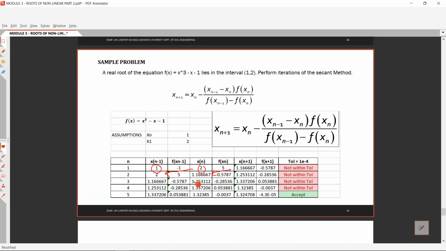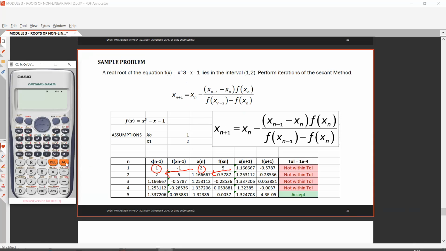Okay. Then solving again for the roots. Okay. Solve mo ulit yung function x sub n minus 1. Syempre, dito, you have x cubed, okay, minus x minus 1. You have calculate for n equals 2.